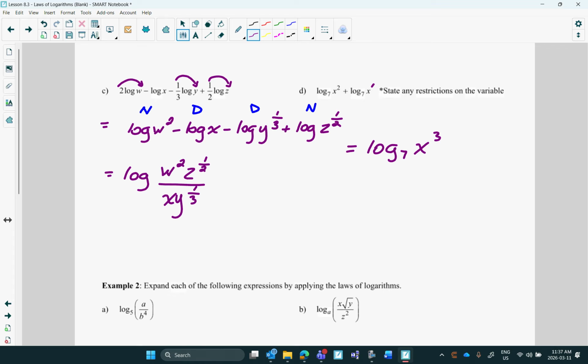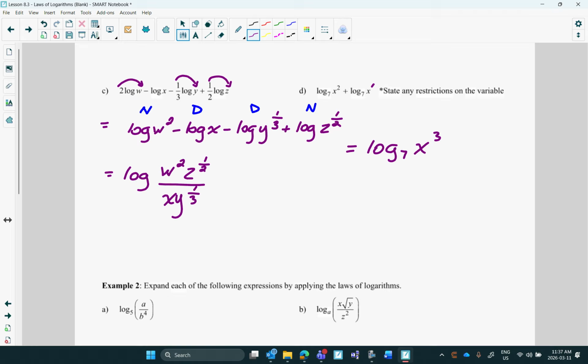Now, we're going to talk about this more when we get into log equations, but there are certain values that this can be, and there are certain values it cannot be. It can never be a negative number, okay? And it can never be 0. Because 7 to the what gives me a negative number? Nothing. 7 squared is 49. 7 to the first is 7. 7 to the 0 is 1.